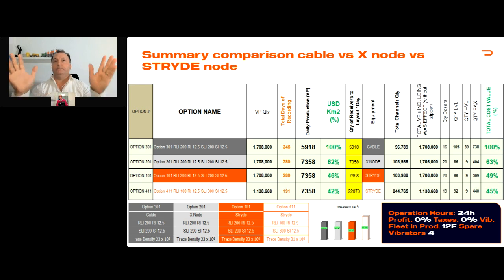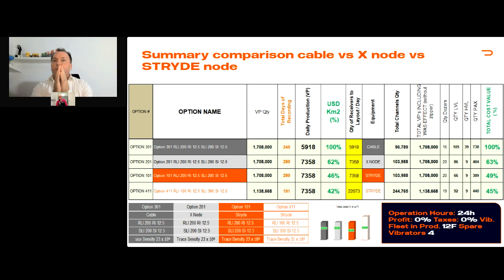And finally, a picture that I believe summarizes the case study number 1, whereby for the 3 first scenarios, once again, same trace density, same source density, same receiver density, cable, generic node or stride, cable has been considered as a base 100.